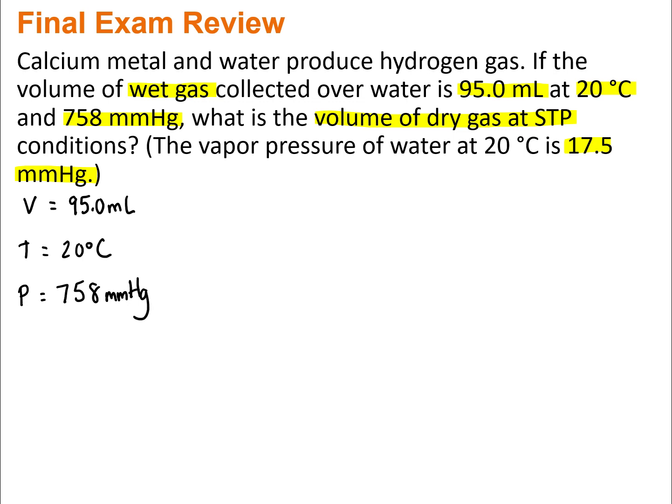We're asked about the volume of dry gas at STP conditions. Well, STP means that you're at 273 Kelvin and 1 atmosphere, which is the same as 760 millimeters of mercury. So it sounds like we actually have two sets of conditions here.